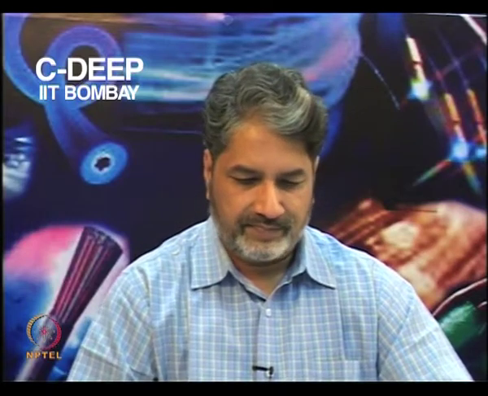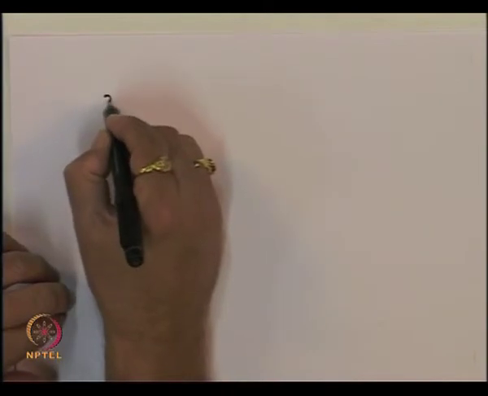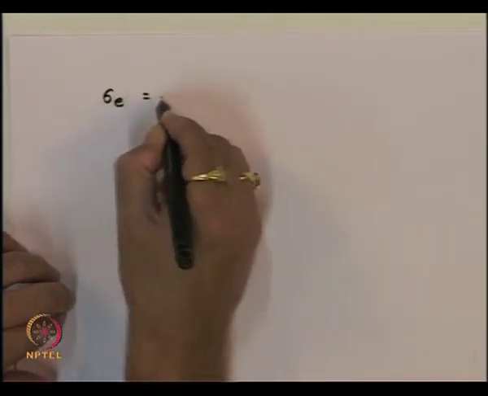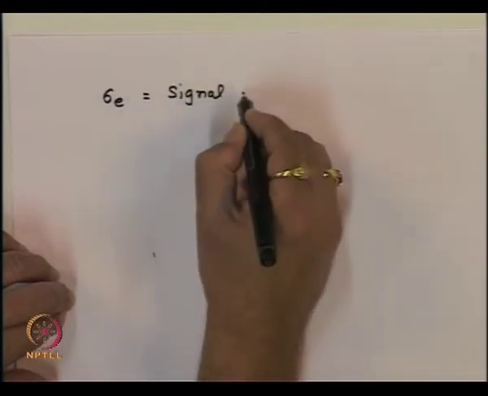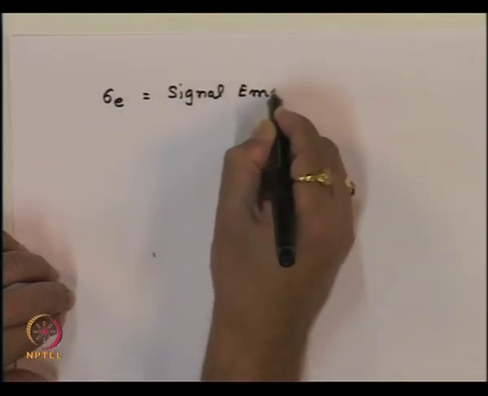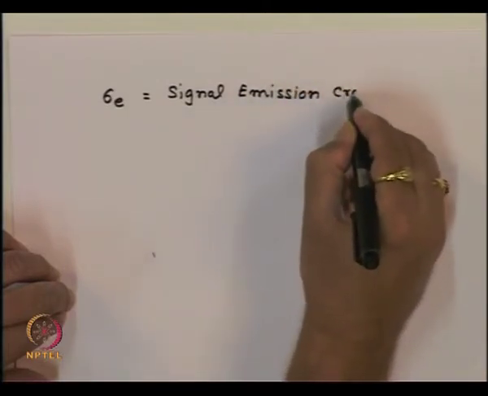The gain of the amplifier also depends upon the length of the EDF. So if we say that we have what is called the signal emission cross section for the EDF, and let us denote that quantity by sigma E. So this is the signal emission cross section.